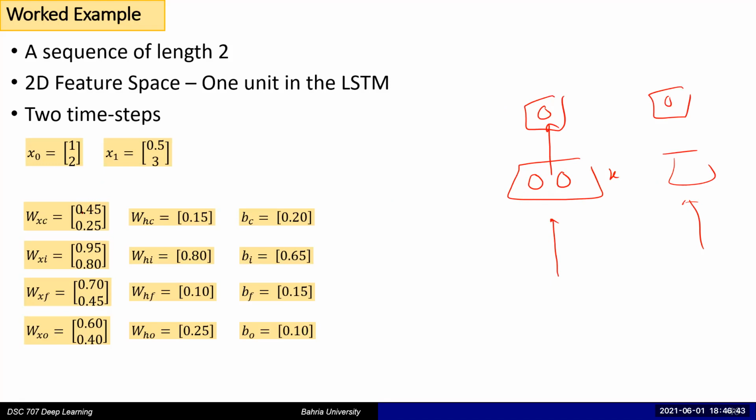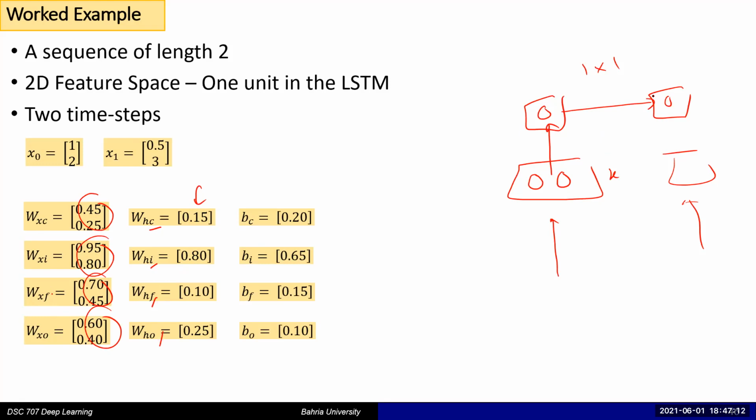These are the different matrices, 2 cross 1, from input to the different layers: candidate layer, input layer, forget layer, output layer. Now the hidden layer has one neuron. When you connect them horizontally, your weight matrix is 1 cross 1, because there is one neuron. So all the hidden-to-hidden matrices for candidate, input, forget, and output are 1 cross 1.